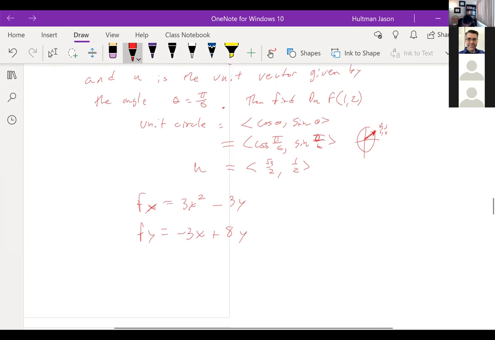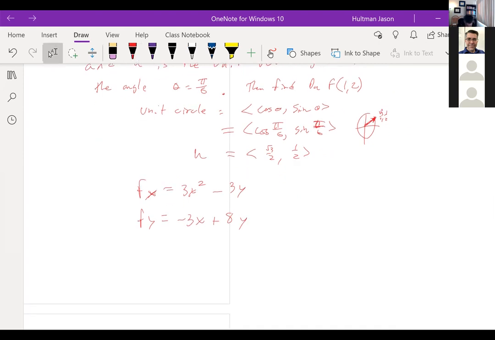Okay, and so what's my derivative? D sub u of f of xy is going to be equal to my gradient, which is 3x squared minus 3y comma negative 3x plus 8y, dotted with radical 3 over 2 and 1/2.